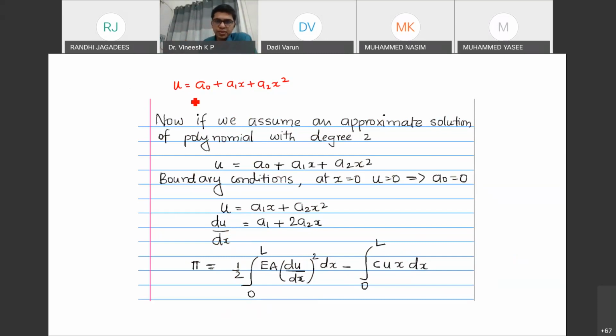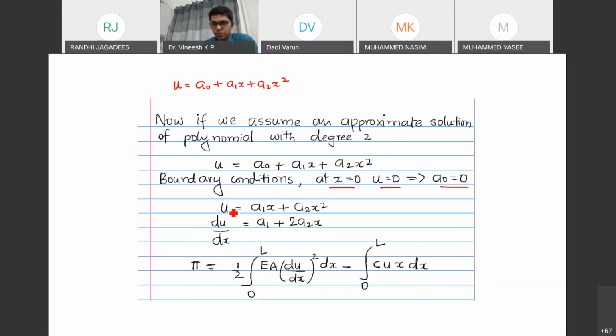So here I am assuming that u is equal to a0 plus a1x plus a2 x square. It is a second degree polynomial I am assuming. Now you need to assume the boundary condition. Boundary condition: x equal to 0, u is equal to 0. If you substitute here, you are going to get a0 equal to 0.